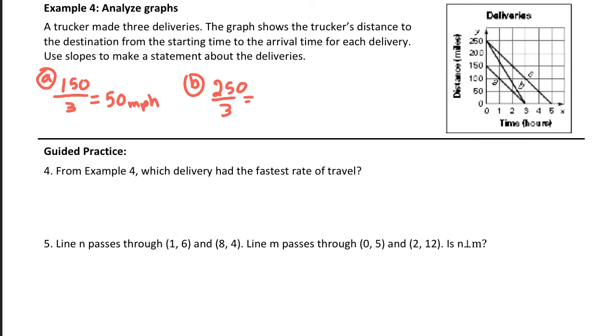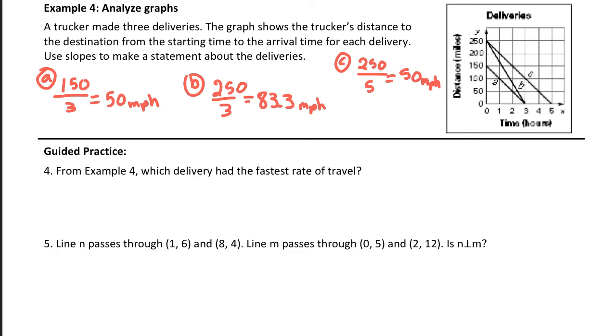So 250 divided by 3 is roughly 83.3 miles per hour. So he was traveling a little bit faster. It was a little bit quicker, right? And then the final delivery C, traveled 250 miles, same as B, but traveled that in 5 hours. So his average speed, or her average speed for that trip, that delivery, was 50 miles per hour.